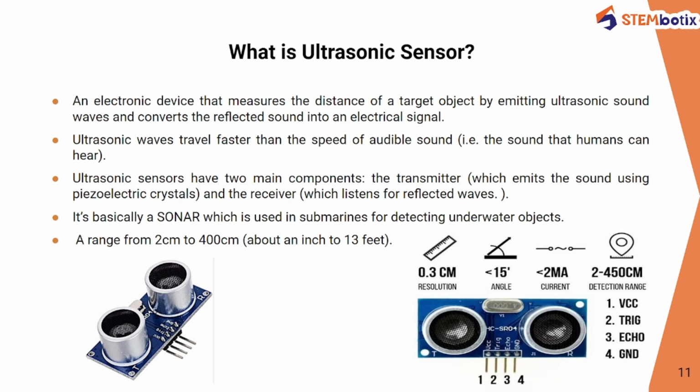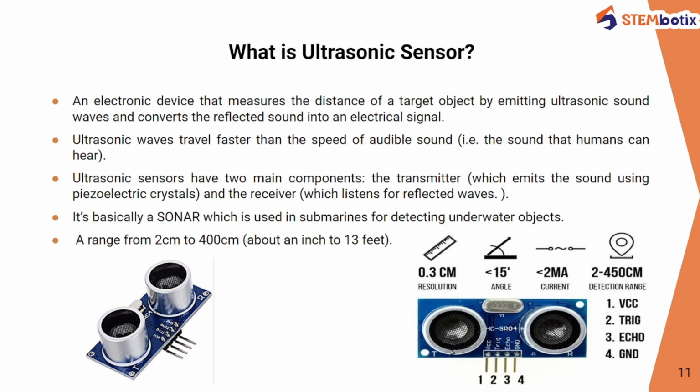So first, the module, as you can see from its diagram, has two different modules. The first is the transmitter and the other is the receiver. The transmitter will transmit the ultrasonic wave or sound, and the receiver will receive it.